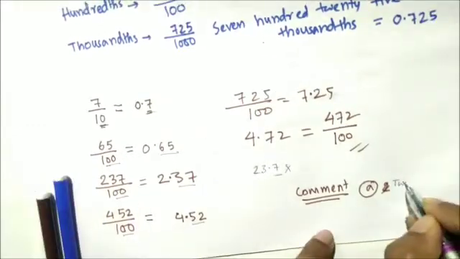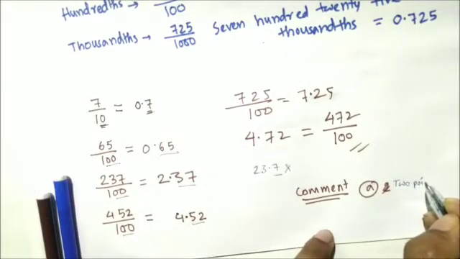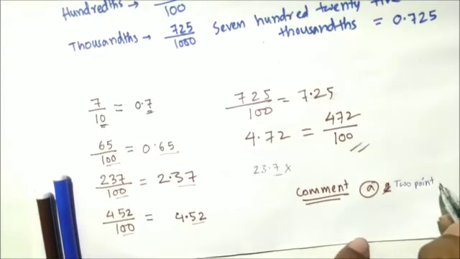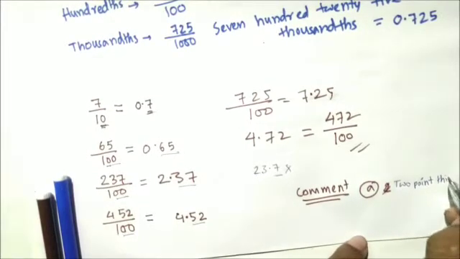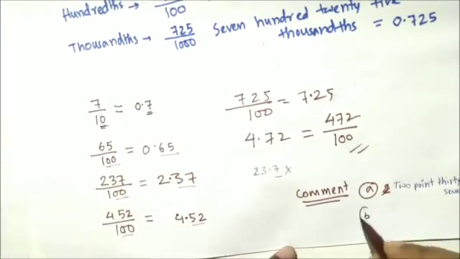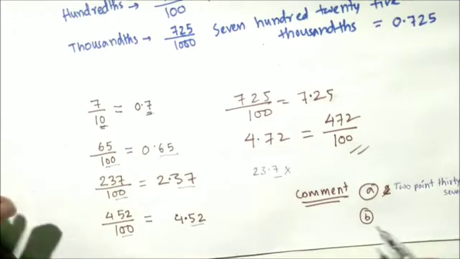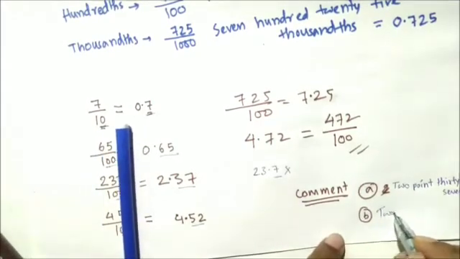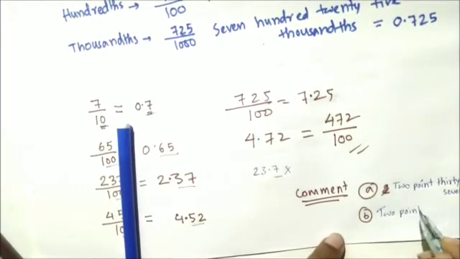You just tell me which one will be correct, 2.37 or option B 2.37.